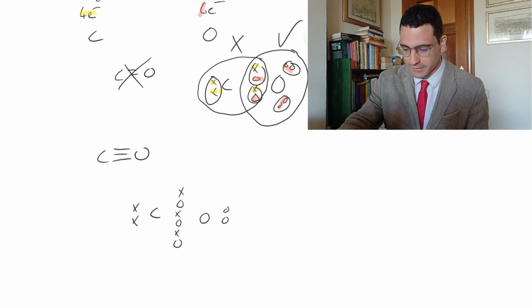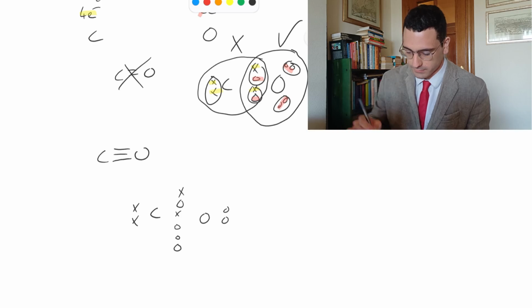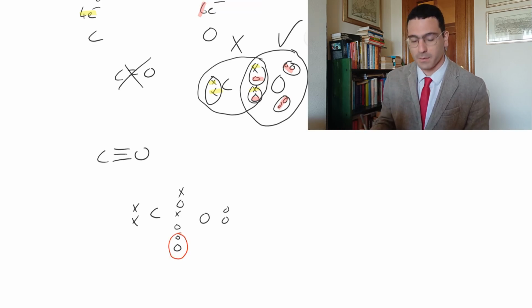But you'll see here, this electron here, which I've just drawn, was drawn as if it came from the carbon, but it did not in fact come from the carbon. If you look, carbon only has 4. So the 2 remaining electrons have to come from the oxygen. These 2 come from the oxygen.